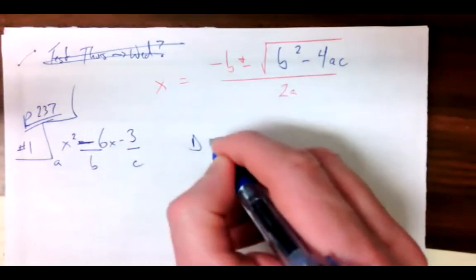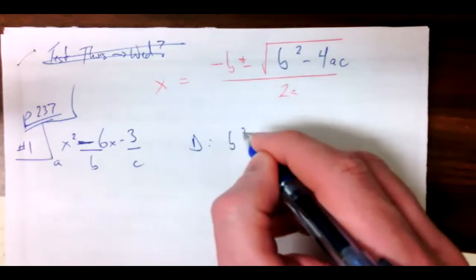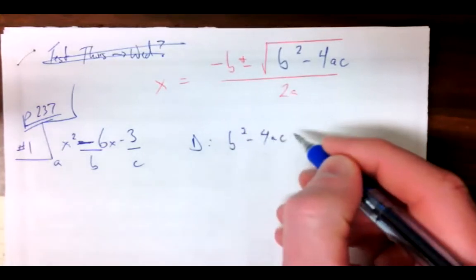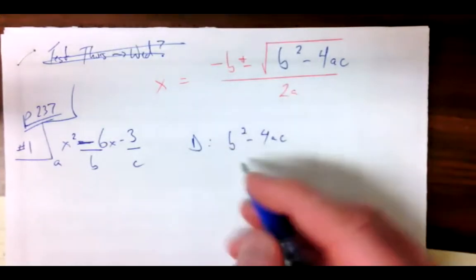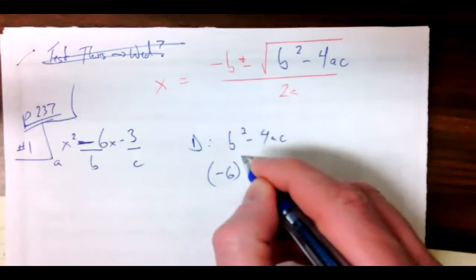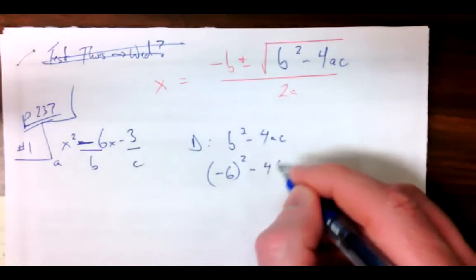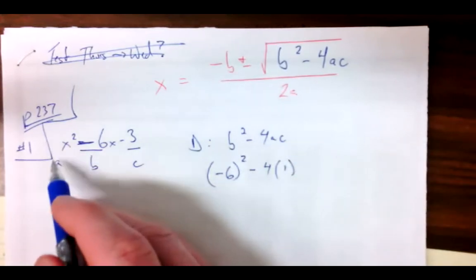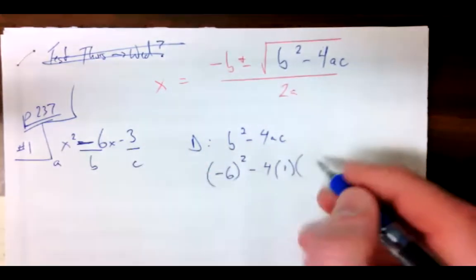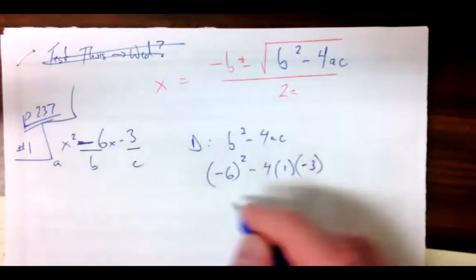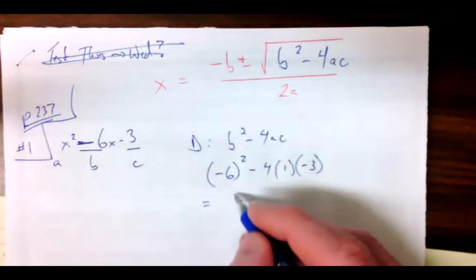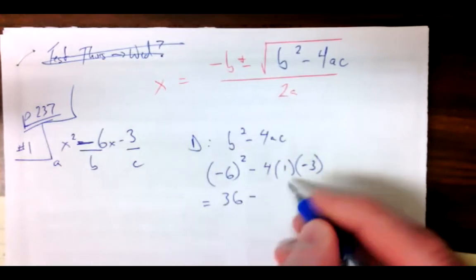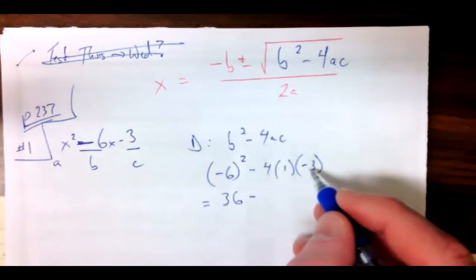So our discriminant is b squared minus 4ac. B is negative 6, so negative 6 squared minus 4 times 1, a is 1, times c, which is negative 3. So negative 6 squared is 36 minus 4 times 1 is 4. 4 times 3 is 12.